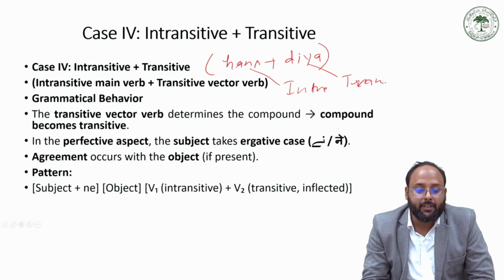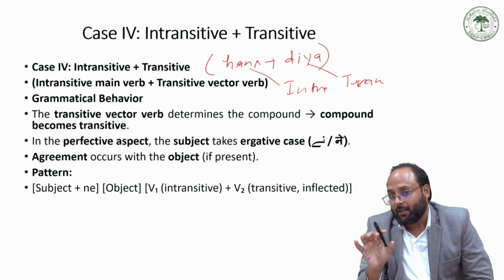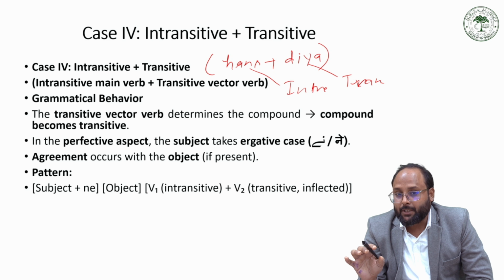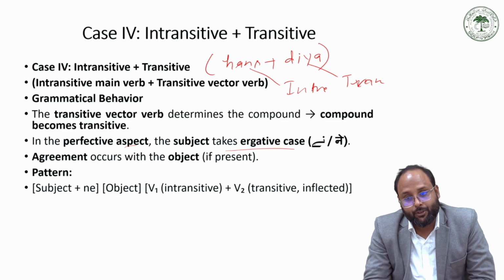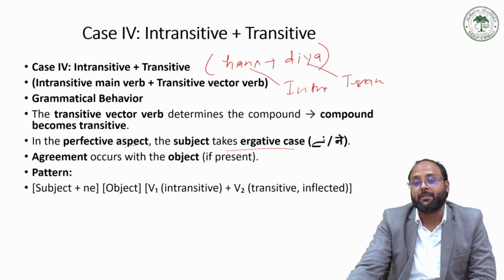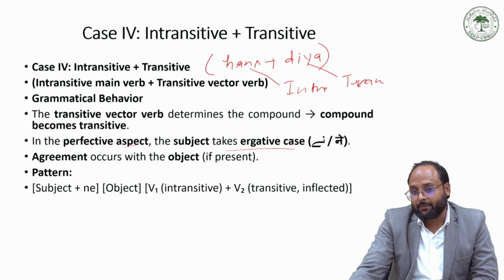So they behave as transitive vectors, and the compound becomes transitive because the second verb is transitive. In the perfective aspect, the subject can take the ergative case because the second verb is transitive.